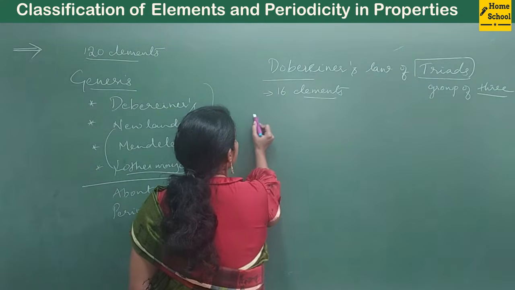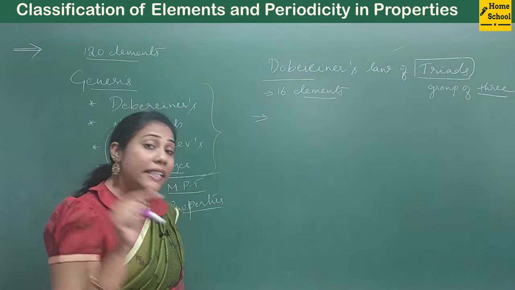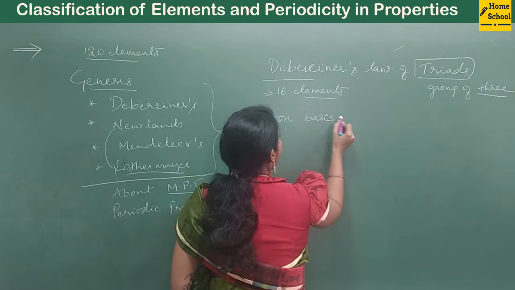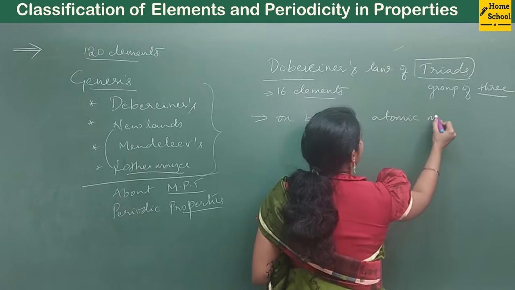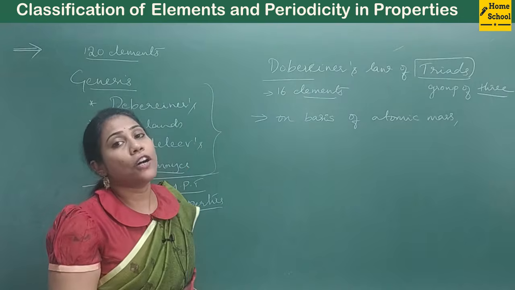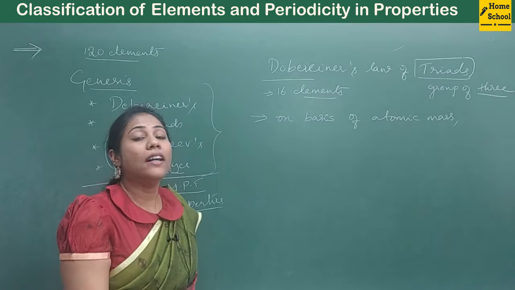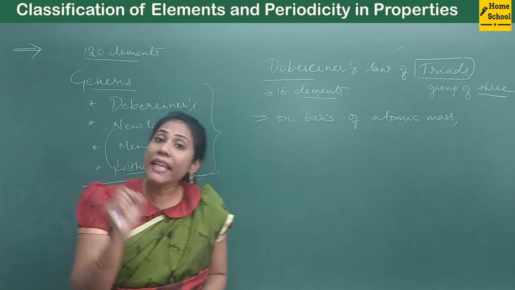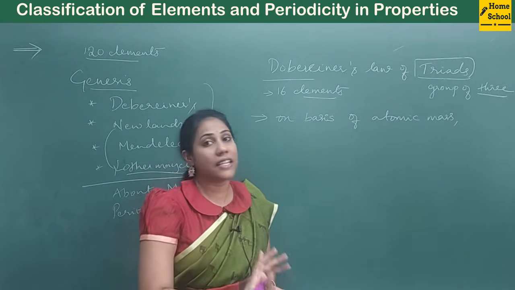And let's understand on what basis Dobereiner gave his periodic table. He arranged the elements on the basis of atomic mass. So he arranged the elements in the increasing order of atomic mass, and he followed one principle. He observed one thing in his periodic table, that the atomic mass of the middle element was the average of the atomic masses of the first and third elements.